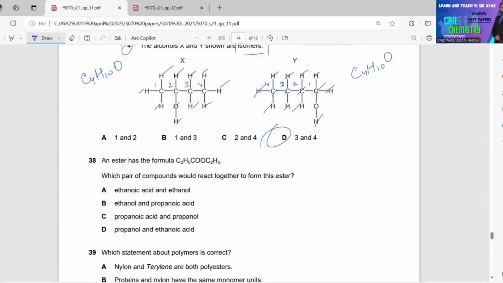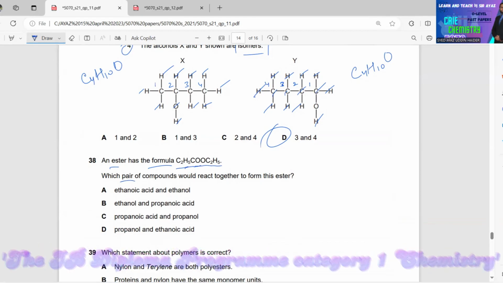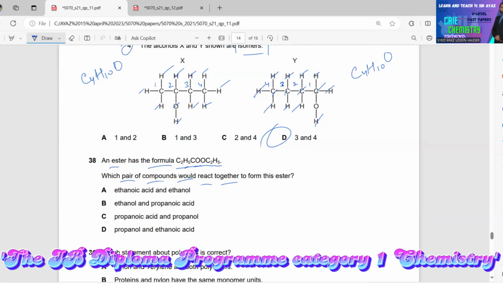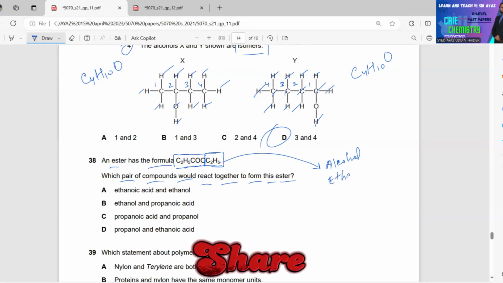38. An ester has the formula C2H5COOC2H5. Which pair of compounds would react together to form this ester? So let's split this ester. This part must be coming from the alcohol, as an alkyl group. So we have 2 carbon atoms, so it must be ethanol.